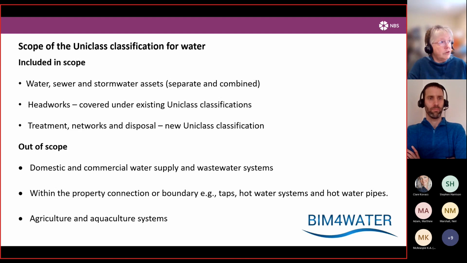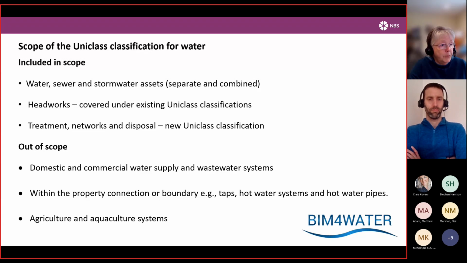The sections that you'll be interested in are all going to cover water, sewer and stormwater assets, headworks, treatment, networks and disposal. But there are also, because Uniclass has been developed to meet a huge number of different organisations' requirements, for the building industry, domestic and commercial water supply and wastewater, and anything within a property connection.